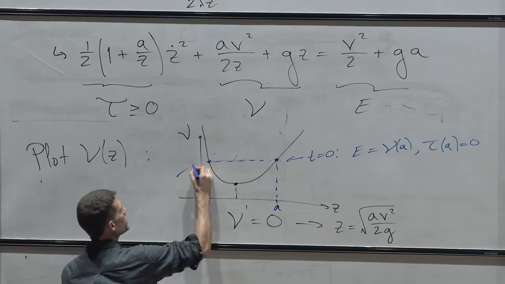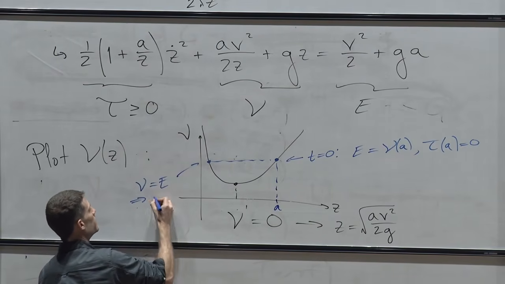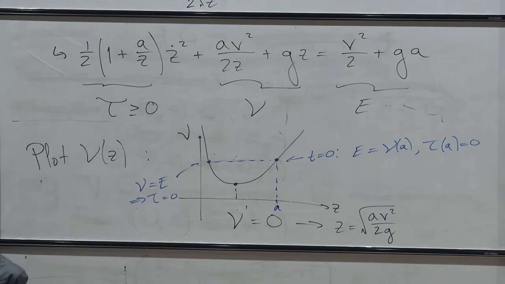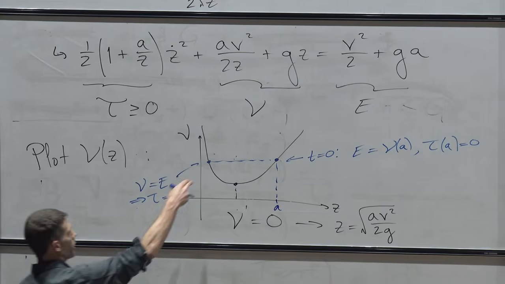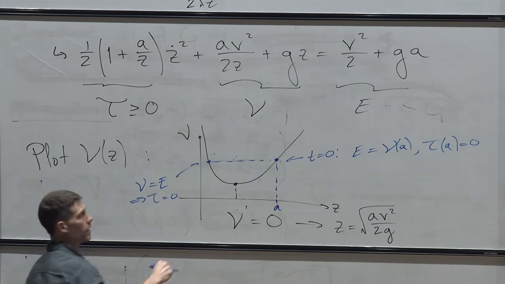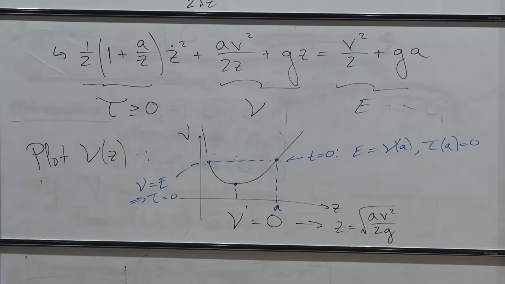So at this point, V is E, which implies T is 0, which means it stops, and then it goes back down again. Okay. So indeed, the particle can't reach 0, partly because there's a singularity there, but even if it weren't a singularity, this graph just isn't going to get to 0.